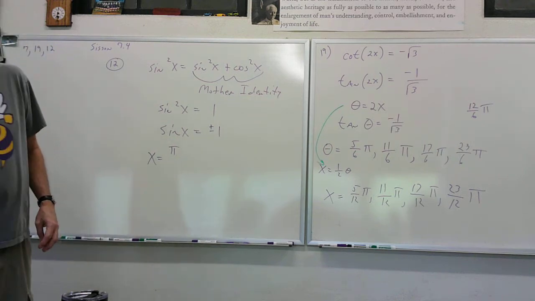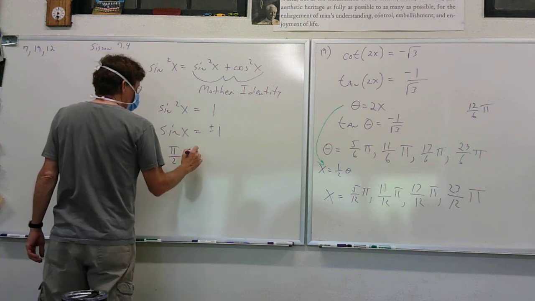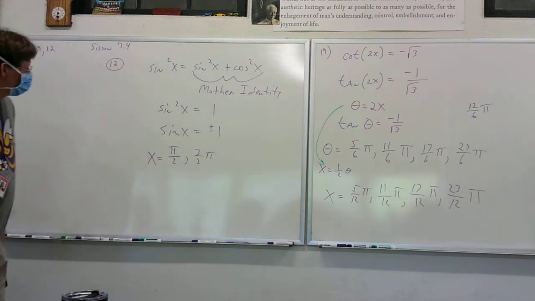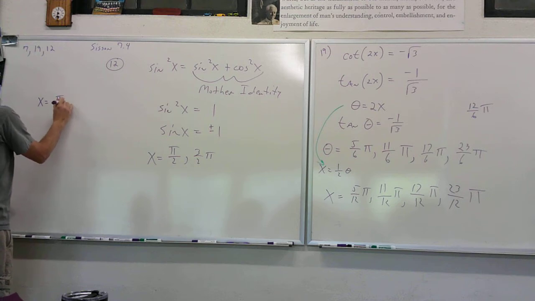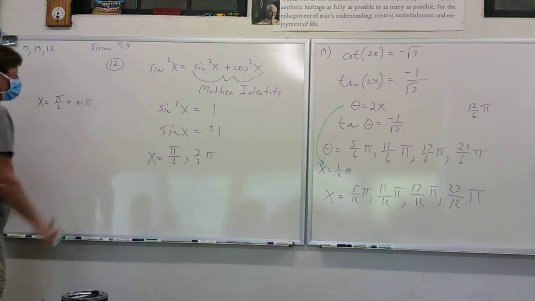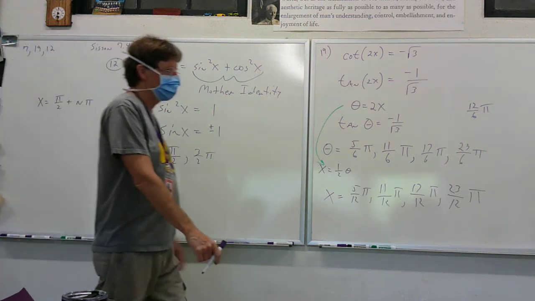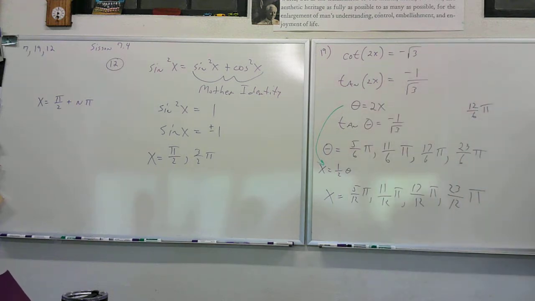Pi over 2. And where else? 3 pi over 2. And just so you know, that's how the answer would look, because you can see that you're adding a pi each time.